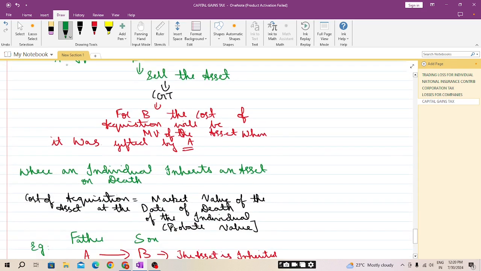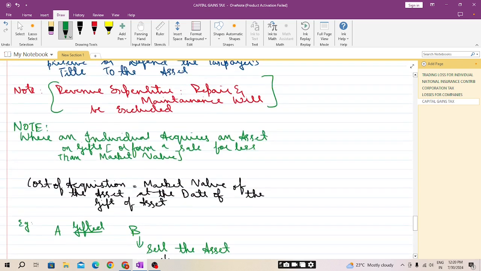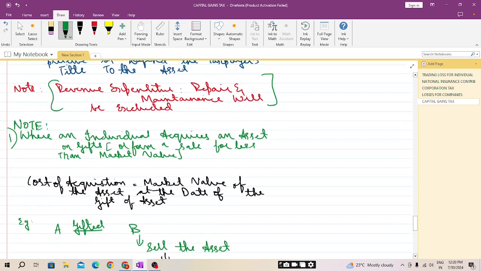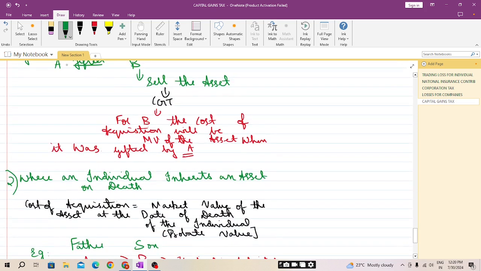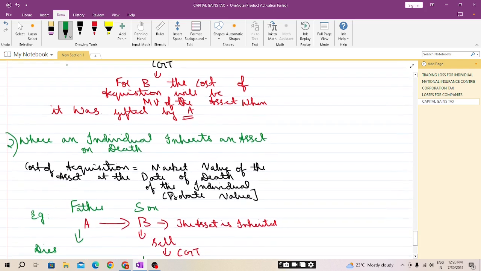Now coming to the second important one, where an individual inherits the asset, students. Where an individual inherits, it means he receives the asset from his ancestors on their death. In that case, the cost for the person will be the market value of the asset at the date of the death of the individual. That means it is the probate value.